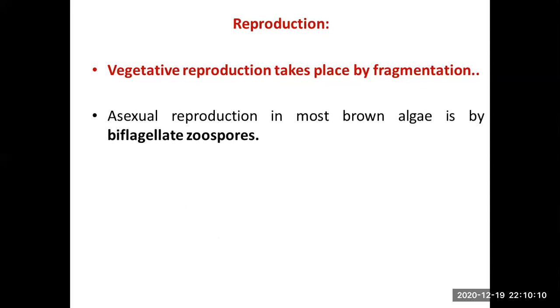In brown algae, vegetative reproduction is present, asexual reproduction is present, and sexual reproduction is present. Vegetative reproduction is by fragmentation, asexual reproduction by zoospores. Zoospores are biflagellate.